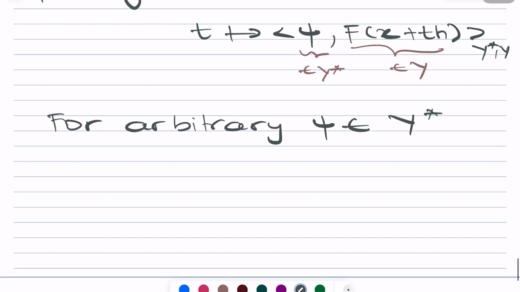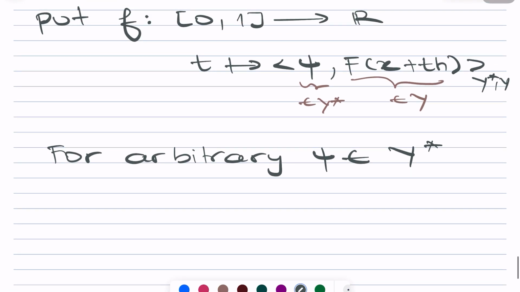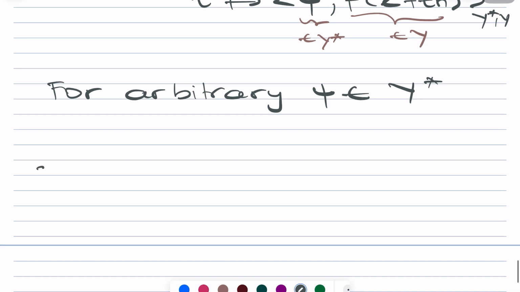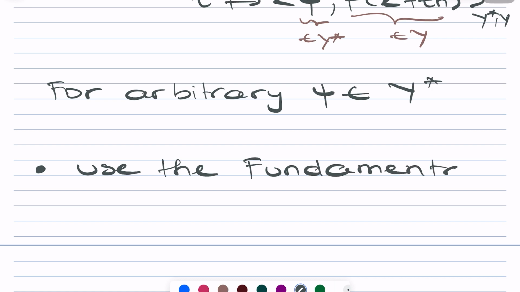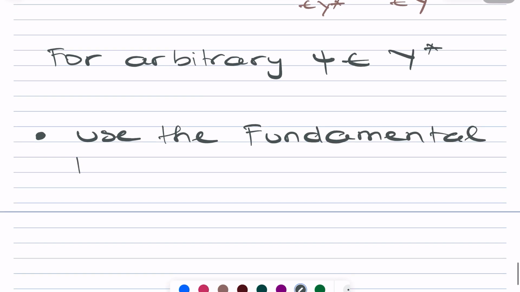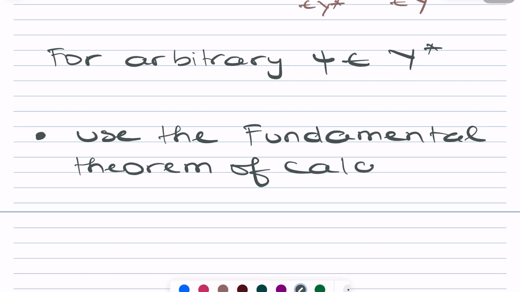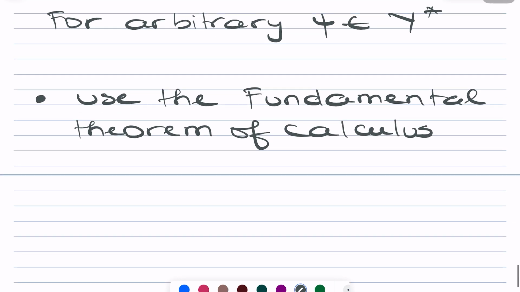So if you define this small function f, then the next thing to do is to use the fundamental theorem of calculus in R to conclude.